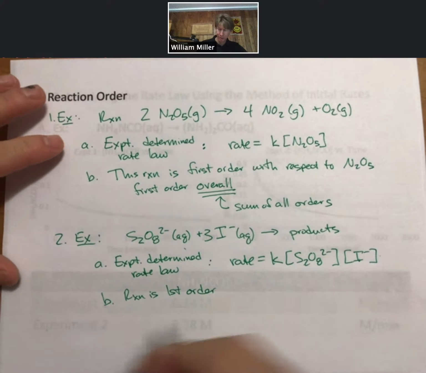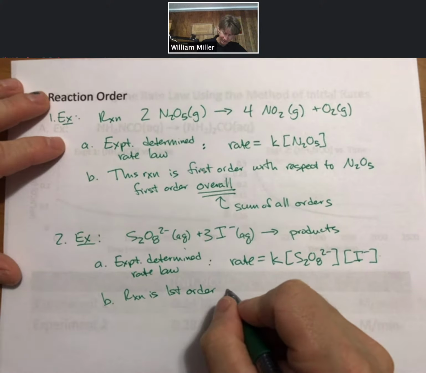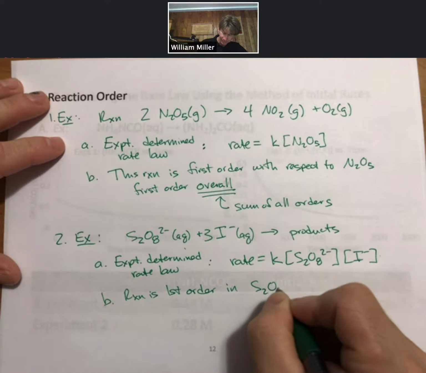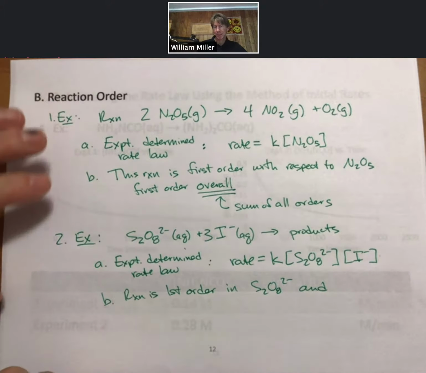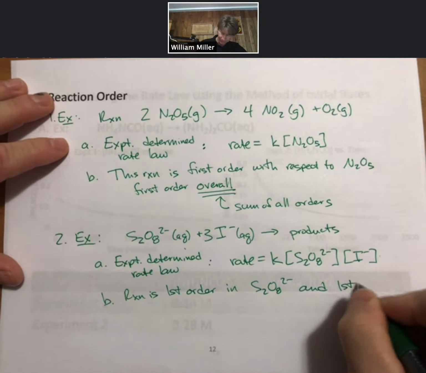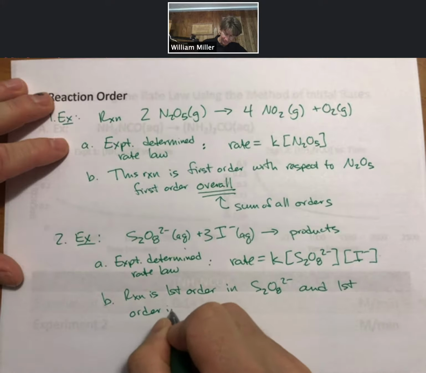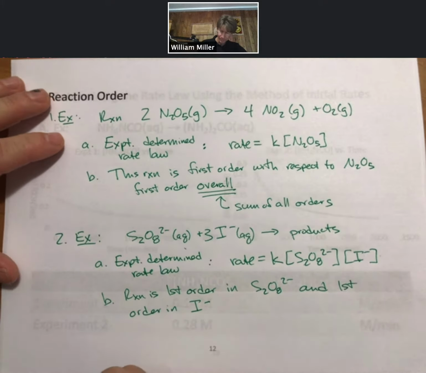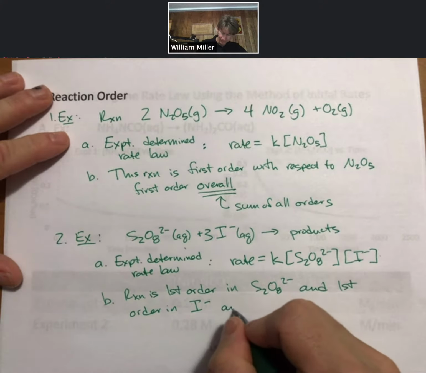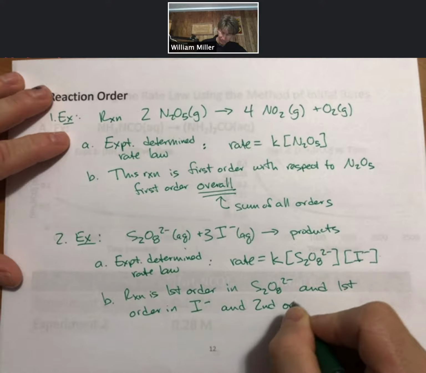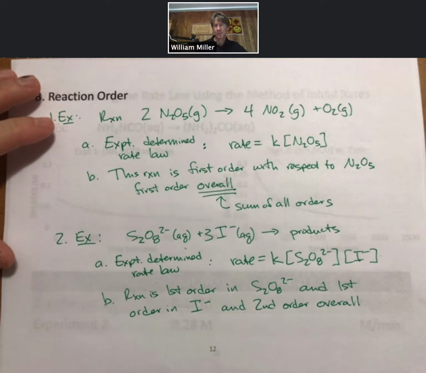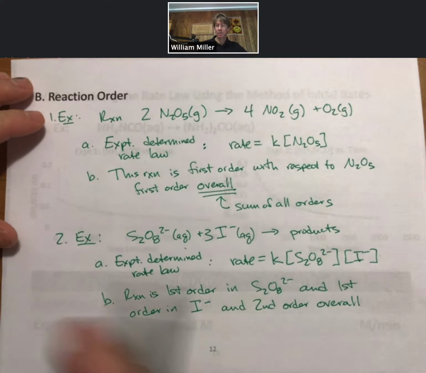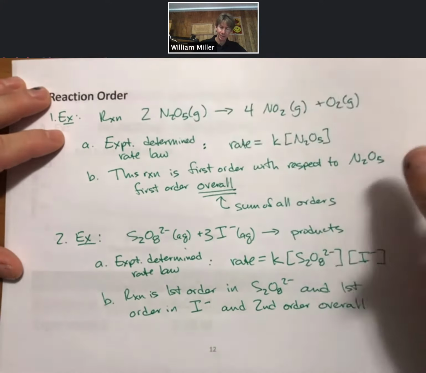Reaction is first order in S2O8 2 minus, and first order in I minus, and second order overall. So those are 2 examples of reaction order, which we will then talk about in future ones.